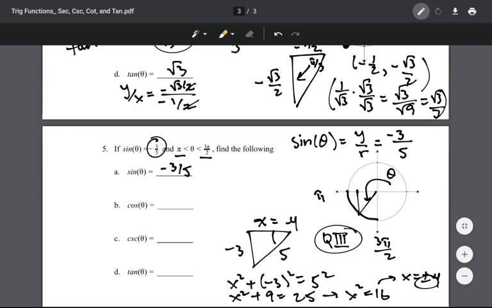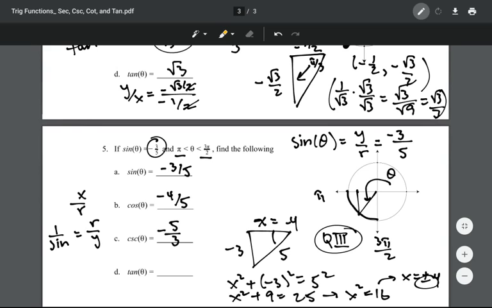So here we go. I know that cosine is x over r. That's going to be -4 over 5. Cosecant is the reciprocal of sine. So that's going to be r over y, but I already have it: -5 over 3.